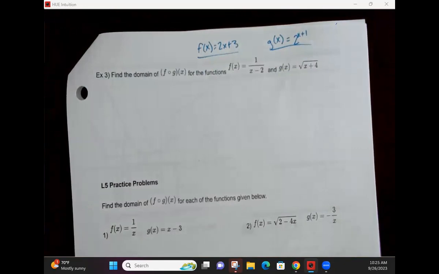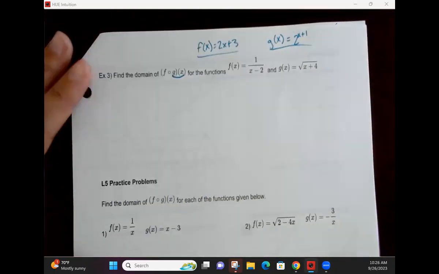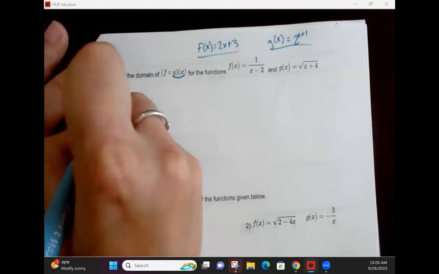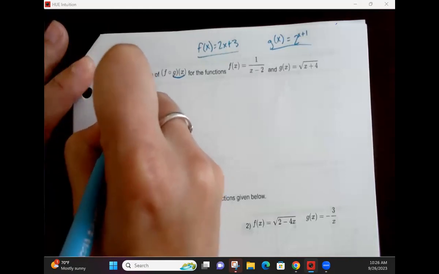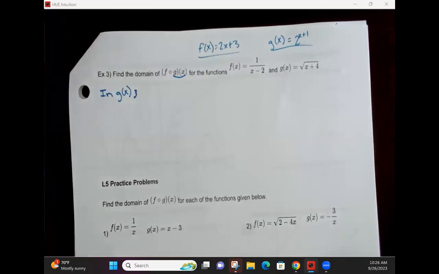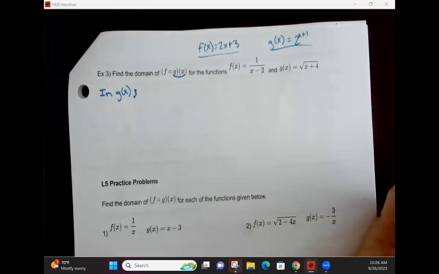Again, domain of f of g of x. So g of x is our inside function. So in g of x, what would be my domain? What would be, the x needs to be what? This g of x, square root of x plus 4.